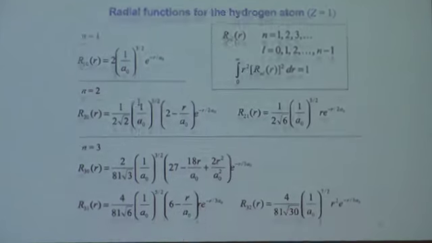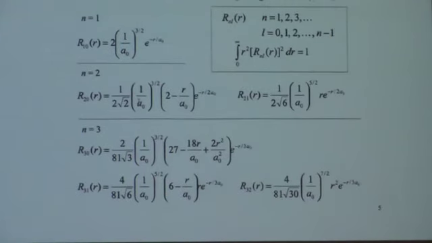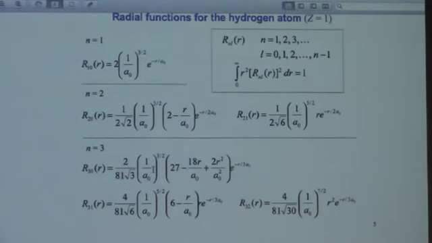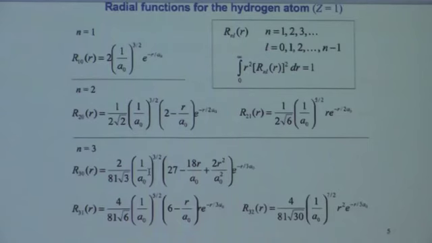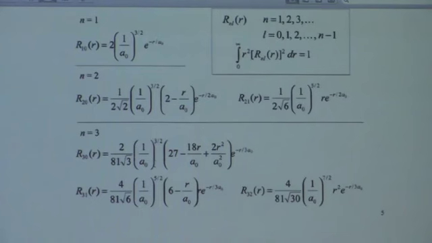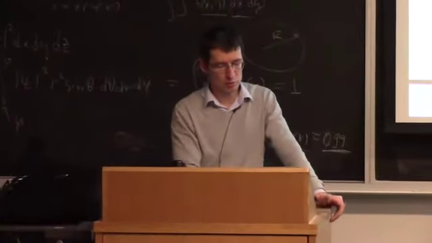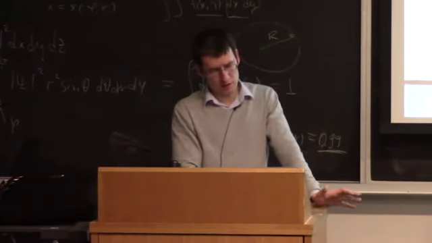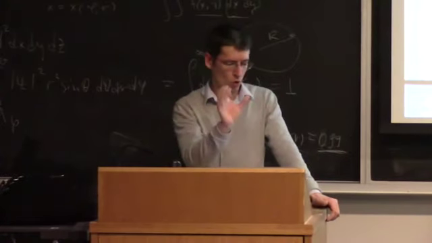If we have different radial functions, during the break you asked me where we get these radial functions. They are tabulated. I don't provide here any simple expression. Whenever I ask something in the exam or homework about the radial or angular part, I always provide you the function. I don't expect you to remember them. Maybe there are expressions with the Hermite polynomials, more or less compact expressions for these functions.